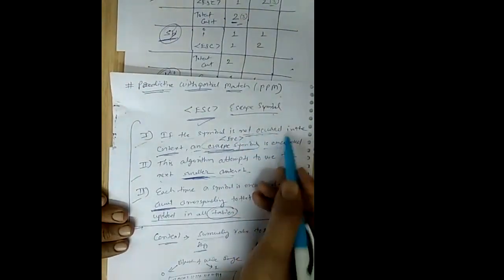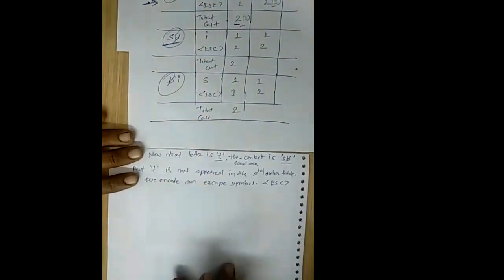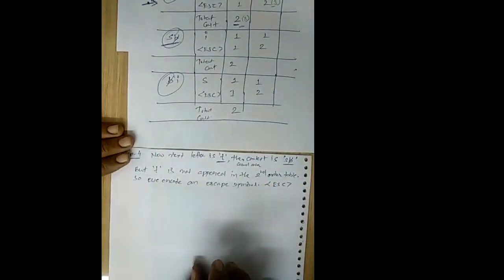We need to update with the escape sequence in my very first session. If the symbol has not occurred in the context, we need to use the escape symbol. So yes, we need to encounter a new escape symbol. Okay. अब नया escape symbol encounter हुआ है तो उसका count मुझे यहाँ पे workout करना पड़ेगा.